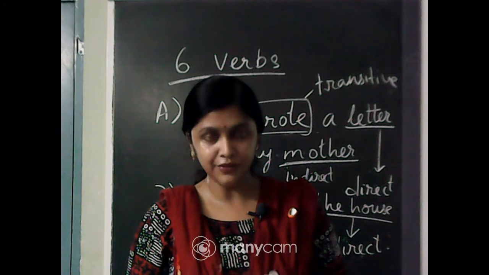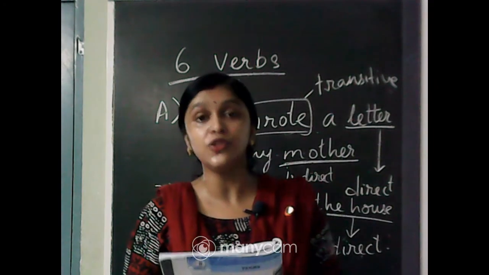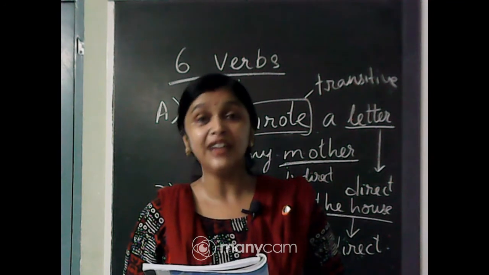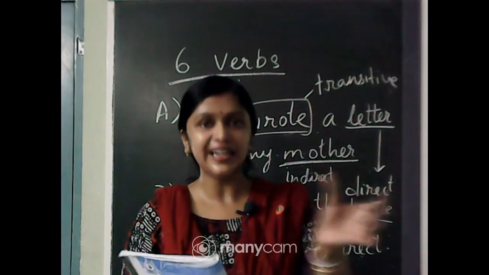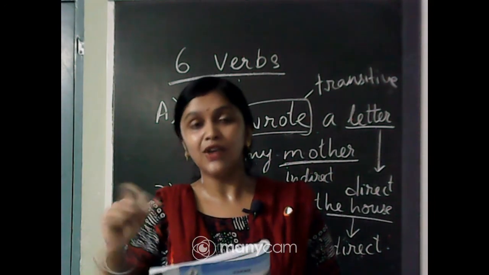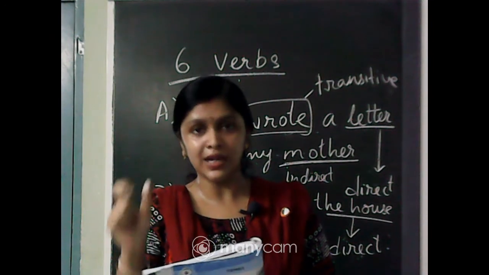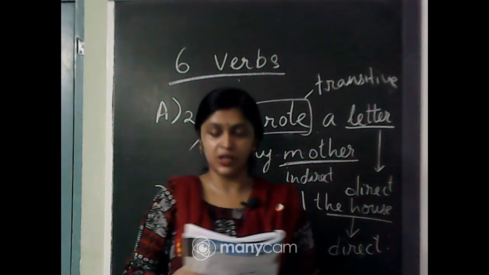Number 5, the teacher organized an excursion trip for the students. So underline organized, it is a transitive verb. Excursion trip or an excursion trip, the whole thing you can do, or just write excursion trip. Write direct object, students or the students, circle it and write indirect object.